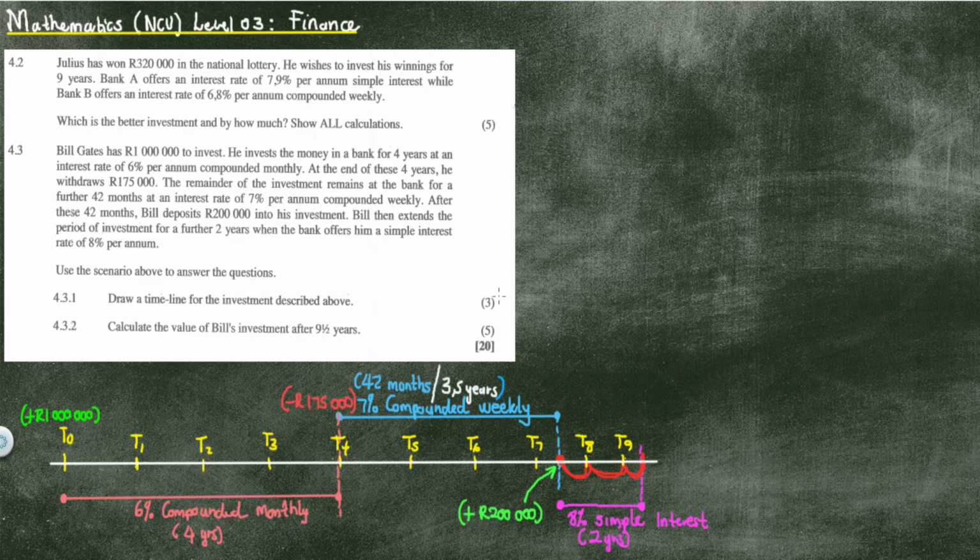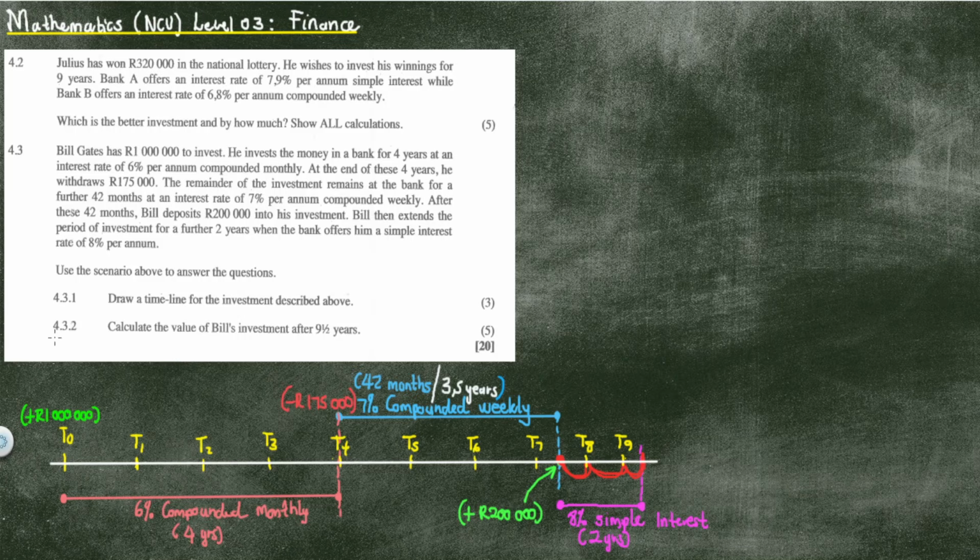If your timeline is off, forget about the following question, right? Maybe you might grab a few marks here and there for the first few years of the given problem, but going forward it's going to give you problems. Just make sure that you have the timeline sorted out before you answer the question on the overall investment.